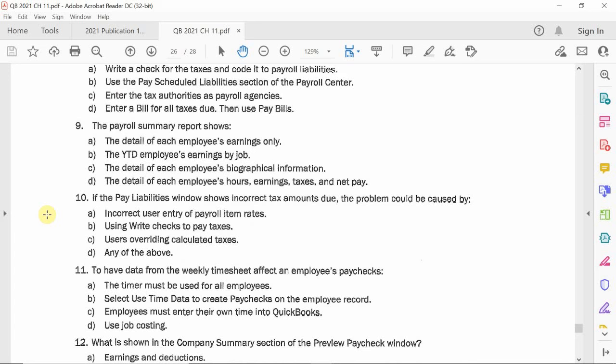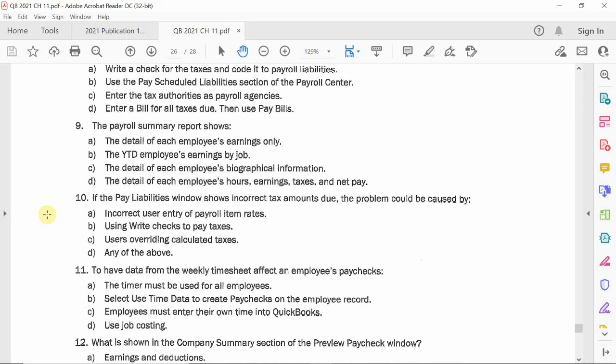Okay, so A, incorrect user entry or payroll item rates. Okay, using the write checks to pay taxes. Yes, that's okay. The wrong way. And again, users overriding calculated taxes. Yes. So if you manually enter in your information in there, again, that could cause discrepancies.